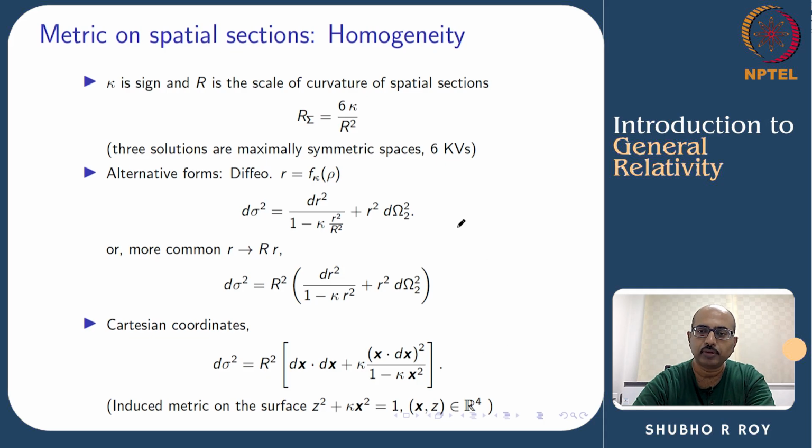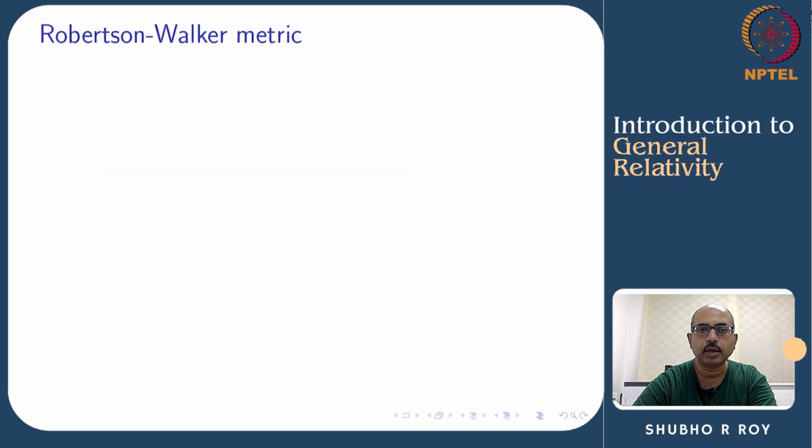So one way of doing this, we'll start from a general metric, and we will make sure that when dt is equal to 0, the space-time metric must reduce to the spatial metric, right? This is one way we can constrain the form of the space-time metric.